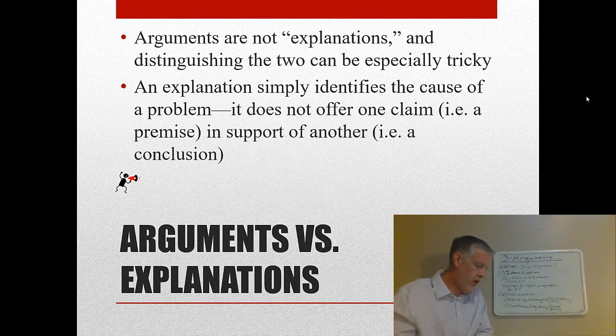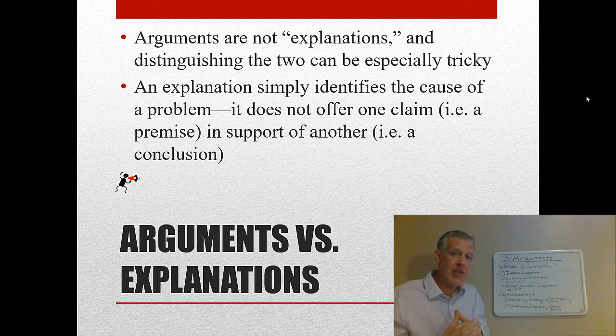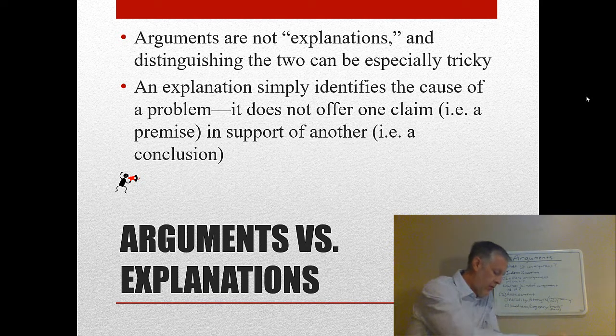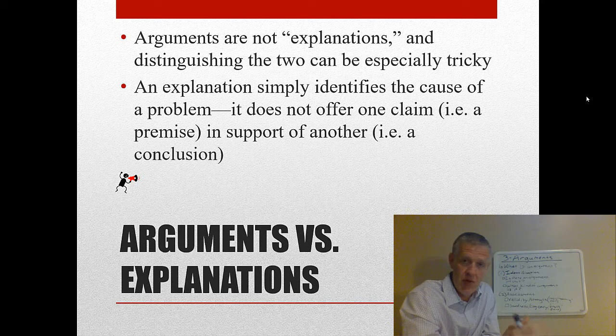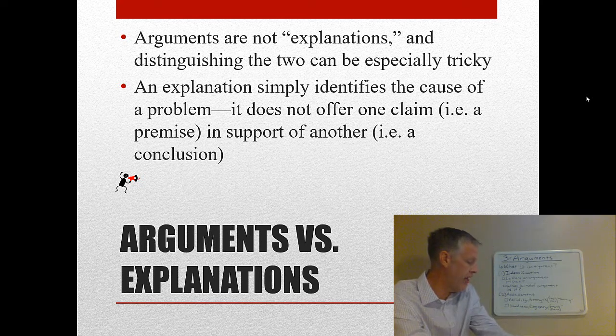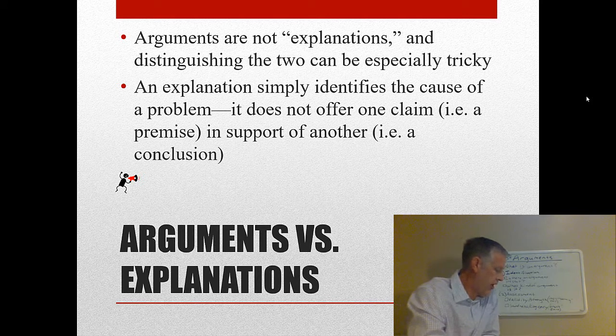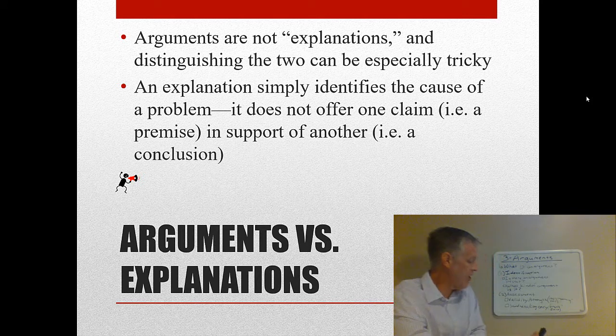Okay? So I mentioned a moment ago as well that distinguishing arguments from explanations can be tricky, and so I wanted to spend a little bit more time, and it's the point of slide 4, distinguishing arguments from explanations, because again, it can be pretty tricky, and they do that on page 48 of the text. Right, so again, an explanation simply identifies the cause of a problem.